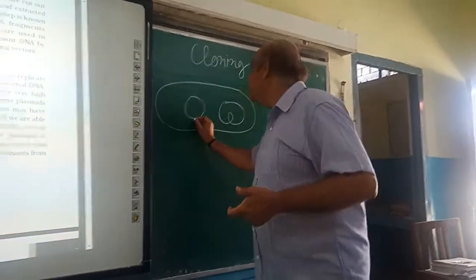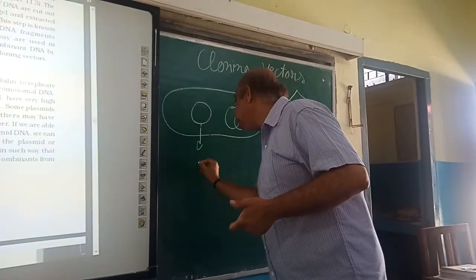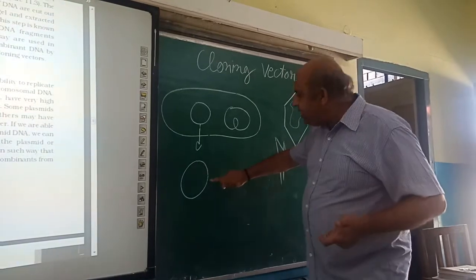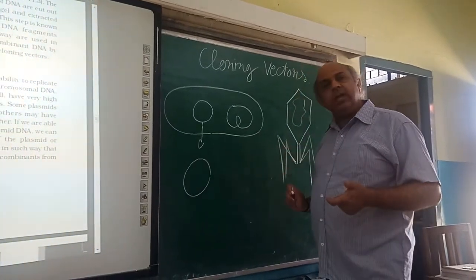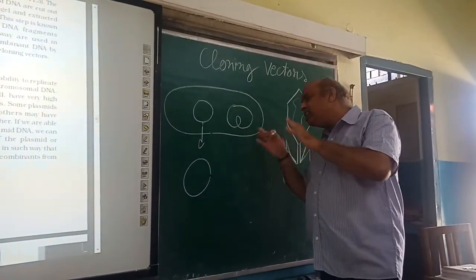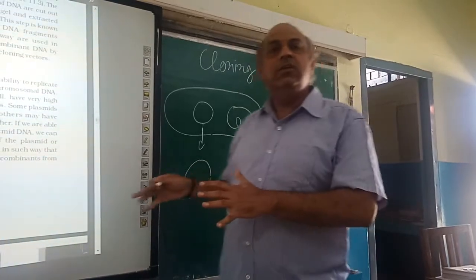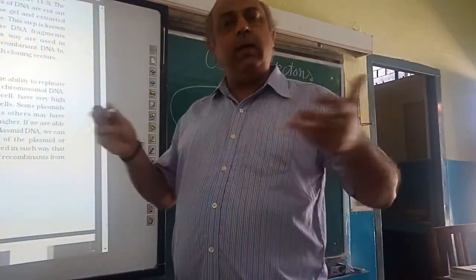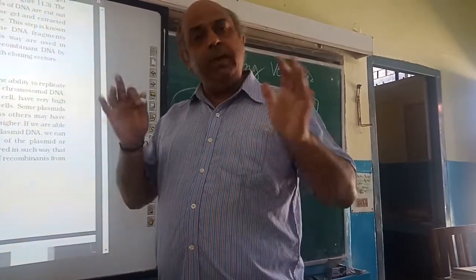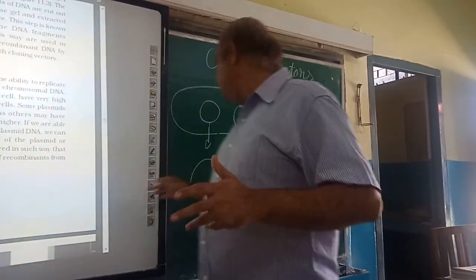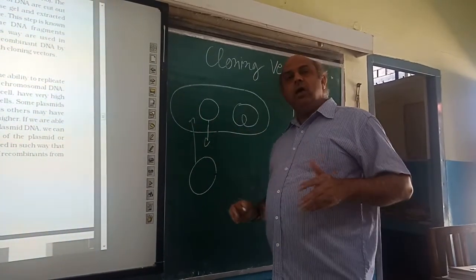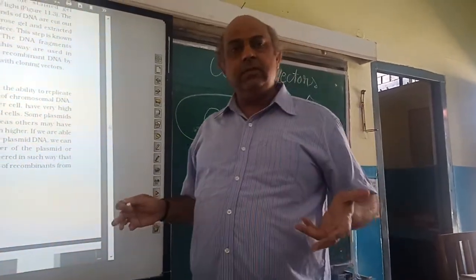Generally, we remove these plasmids from the bacteria, cut them with the help of restriction enzymes, and then insert the desired gene, the DNA segment of interest, into these plasmids and form a recombinant DNA. After forming the recombinant DNA, we again send this plasmid into the bacteria where it replicates.